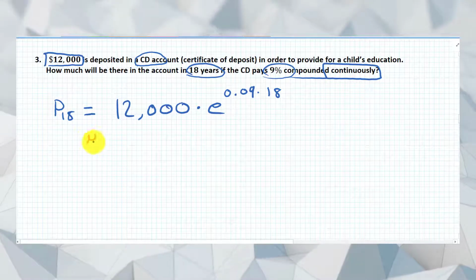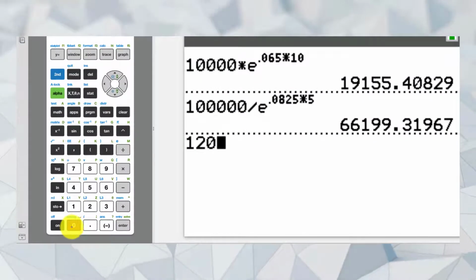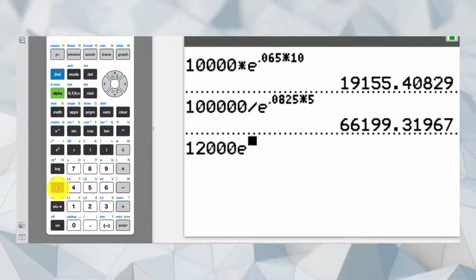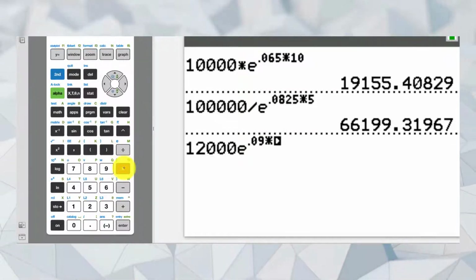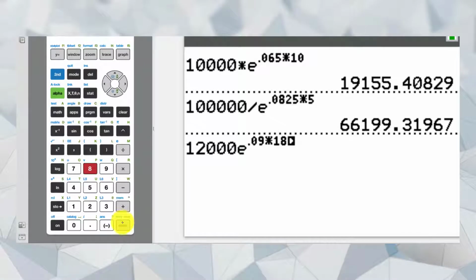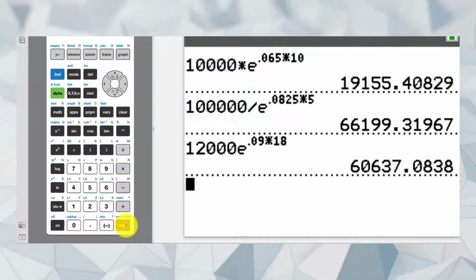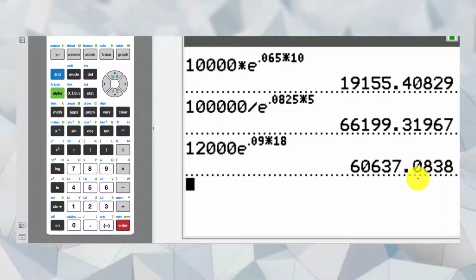So let's take the calculator to figure out how much we have. $12,000 times e, that's second ln, to the power of 9%, 0.09, times 18 years, and this is $60,637.08. So this is a future value problem.